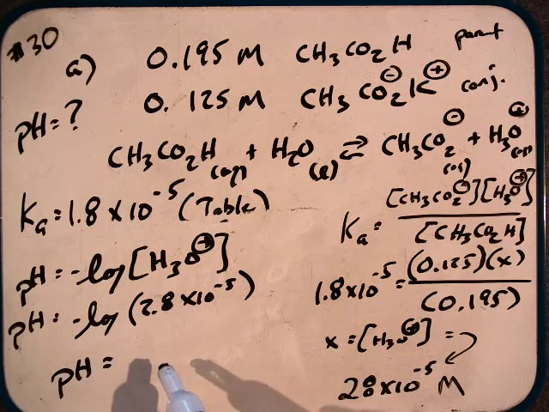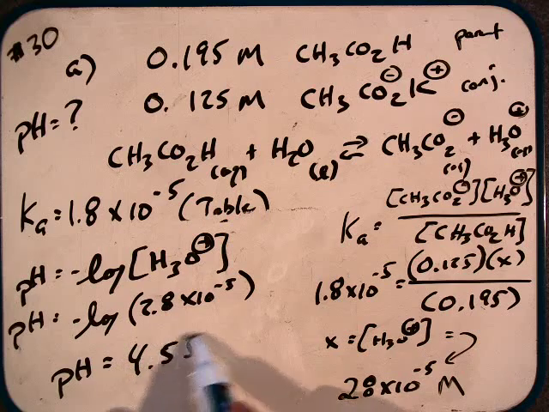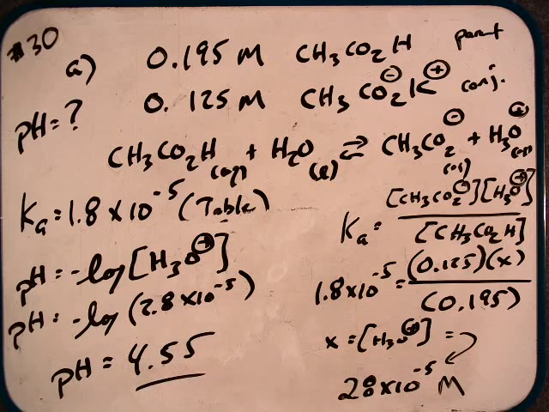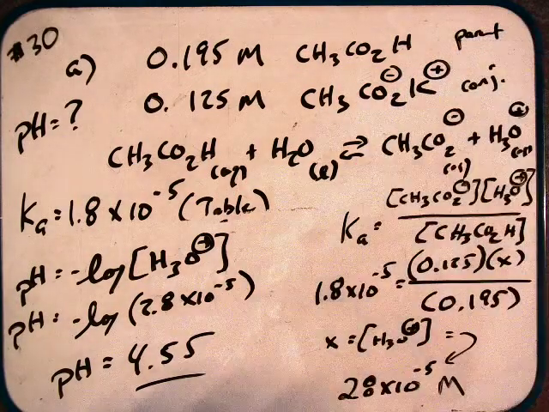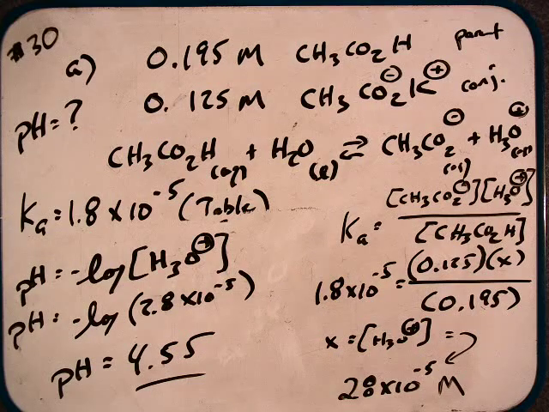And so our pH is equal to 4.55. So that's part A for number 30. Again, it's just like what we've done in chapter 15, as far as looking at acids and bases and Kas and Kbs respectively. Because here we have two initial concentrations of our parent and our conjugate, which constitute a buffer.